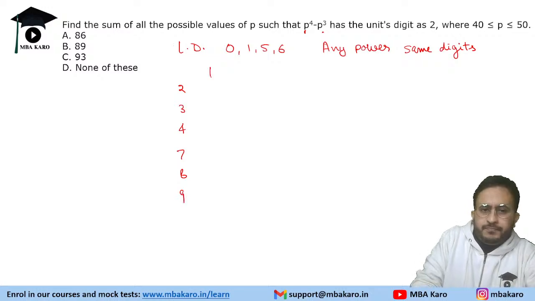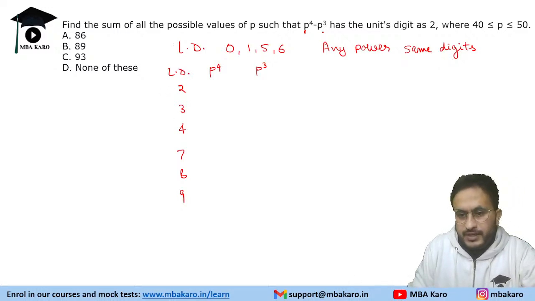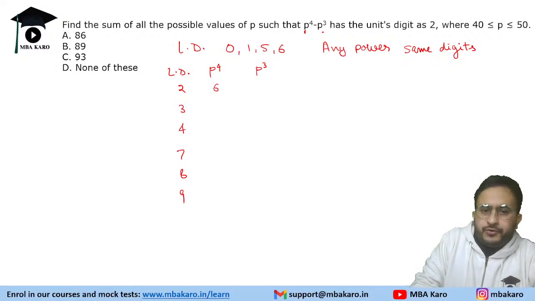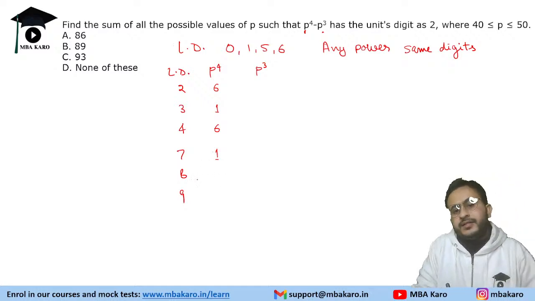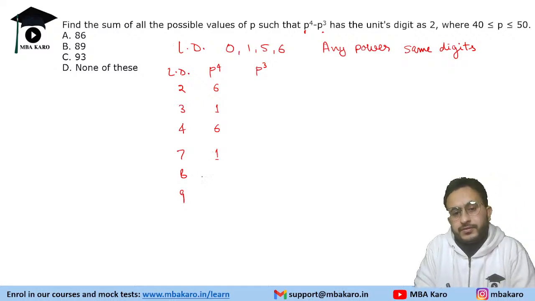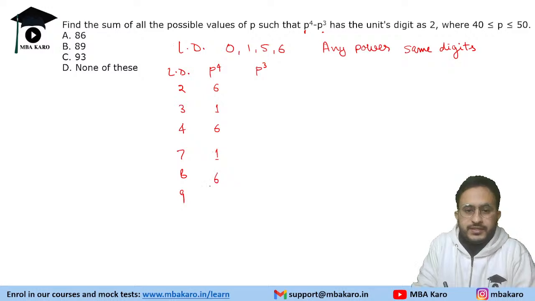Okay. So p to the power 4 and p cube, this is the last digit. Or you can say the number is 42, 43, 44, and so on. The fourth power of 2 ends in 6, 3 gives 1, 4 gives 6, and 7 gives 1. 8 is 4096, so 6, and 9 is 1.